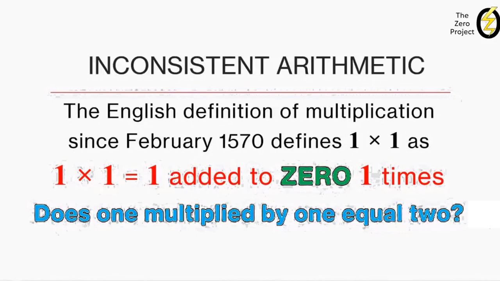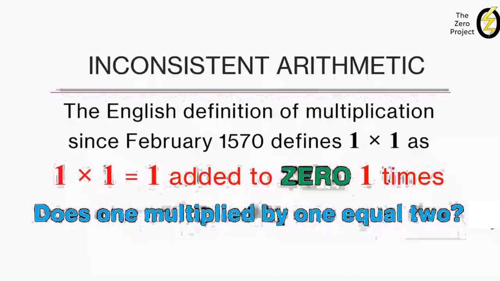Now, my research, spanning about 16 different language translations of Euclid's definition of multiplication, revealed it was actually an incorrect translation. Euclid's definition of multiplication was, in effect, A multiplied by B equals A put together B times. But the Indian approach really involves the use of zero, and that's not in the definition of multiplication today.